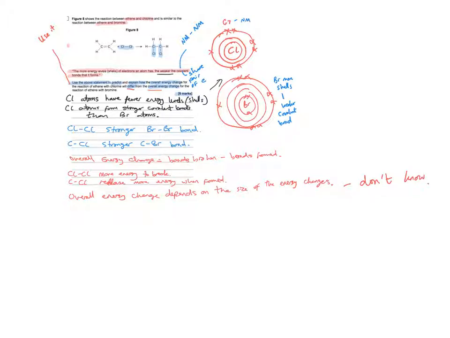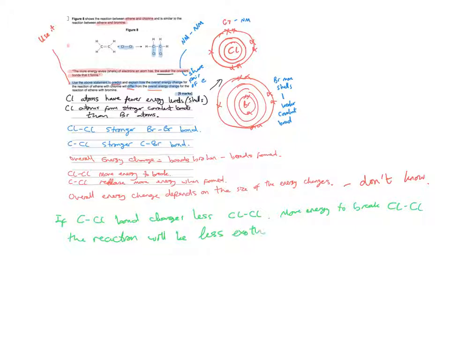So in order to predict what's going to happen, which is what it asks us to do, we have to make some assumptions. If the carbon-chlorine bond changes less than the chlorine-chlorine bond, so it requires more energy to break the chlorine-chlorine bond, I'm spending more energy breaking, so the reaction will be less exothermic.